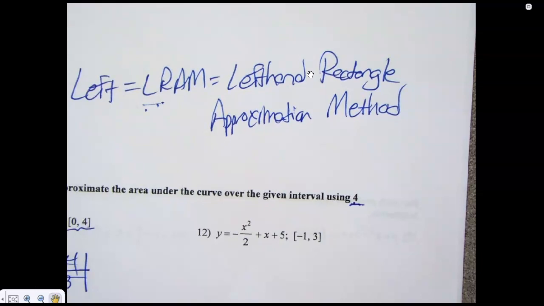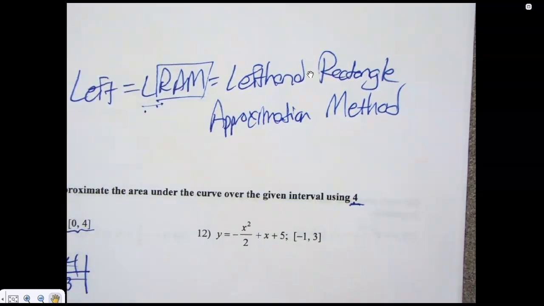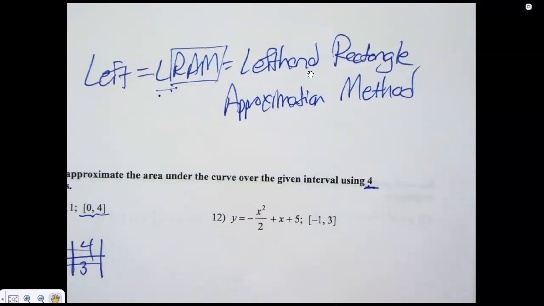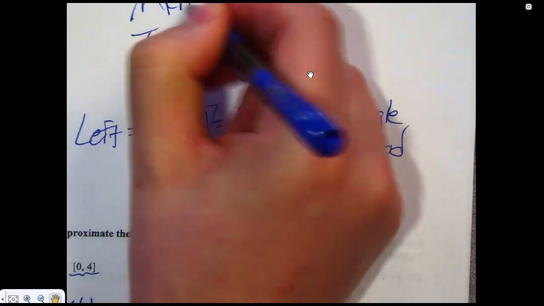I mean, really, you just have to know that the RAM means rectangle approximation method, and then L is left, R is right. Do I have to write all those out? I don't want to write them out. R means right, T means trap, M means midpoint. RAM means rectangles.